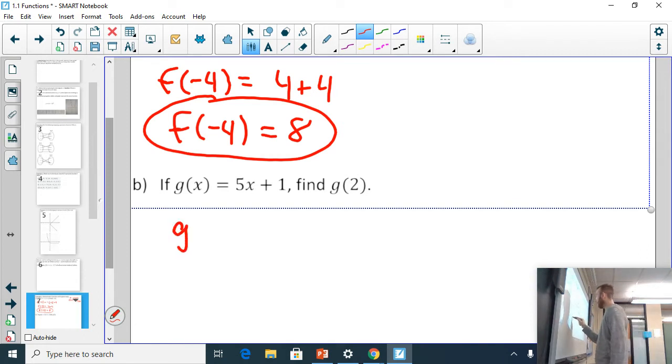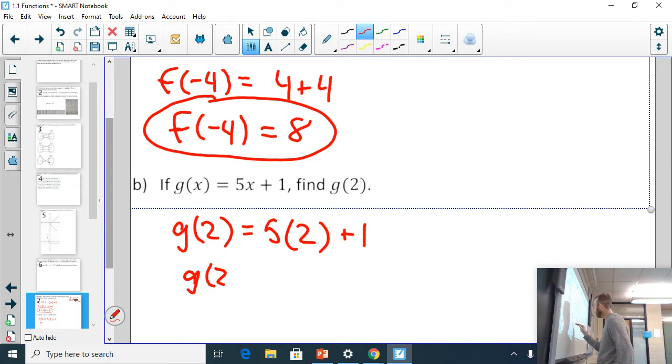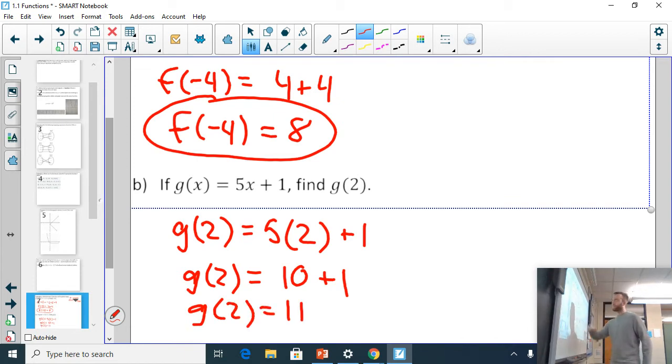Again, I replaced that x with 2. So anywhere in this equation where I see x, I'm going to replace it with 2. So we have 5 times 2, plus 1. Then g of 2 equals 5 times 2 is 10, plus 1. So g of 2 equals 11.